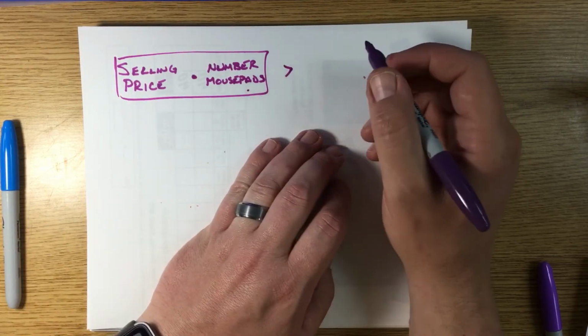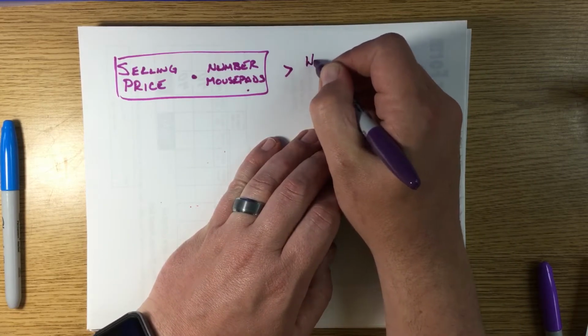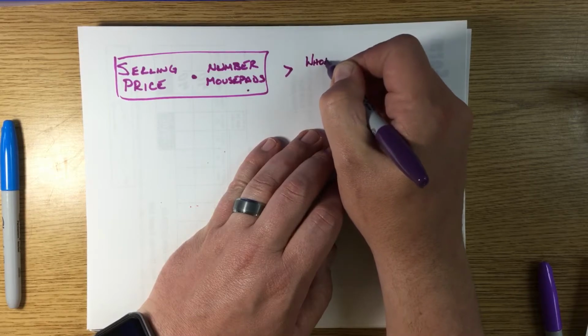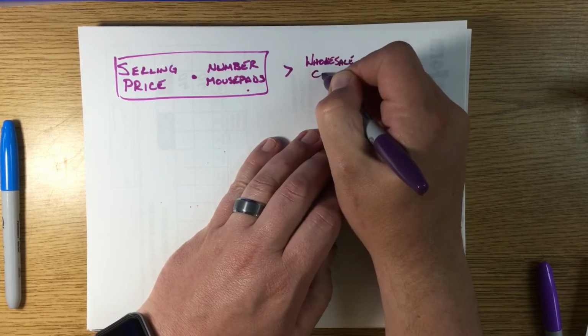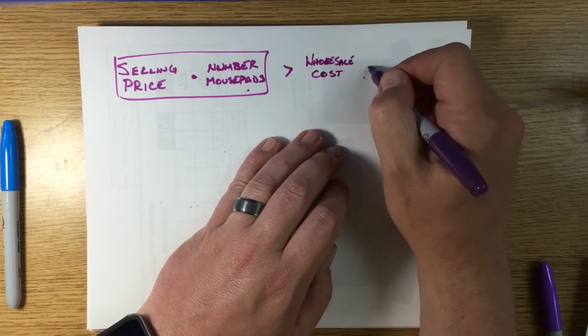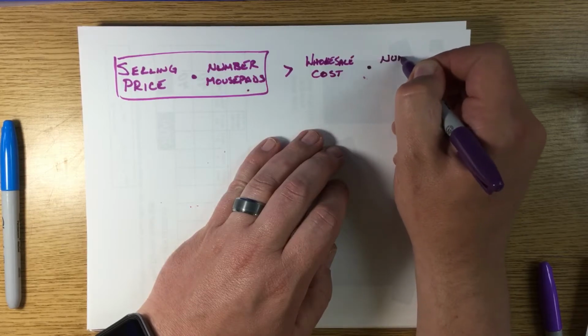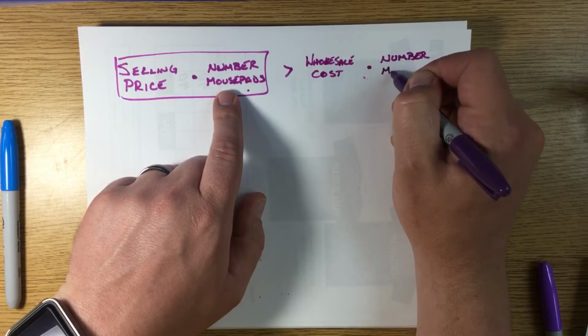So let's take a look at my costs. Well, one of my costs is how much I pay the wholesaler. So the wholesale cost, or the wholesale price, times the number of mouse pads. Again, this number should be the same as the number over here.